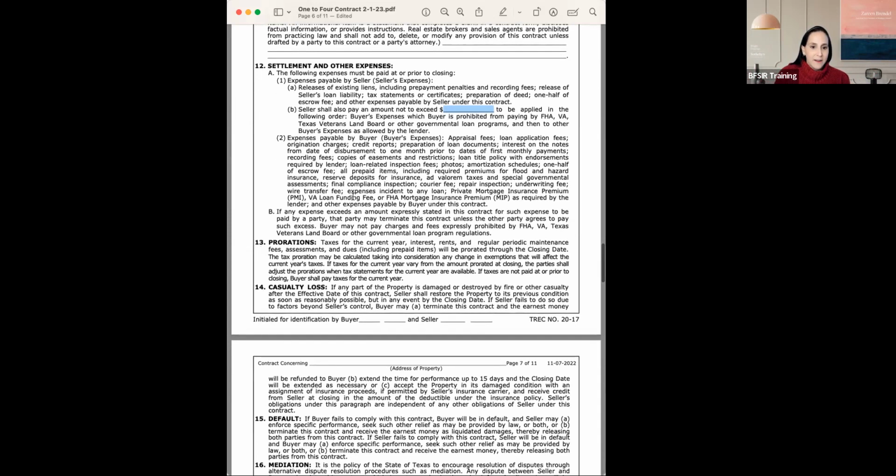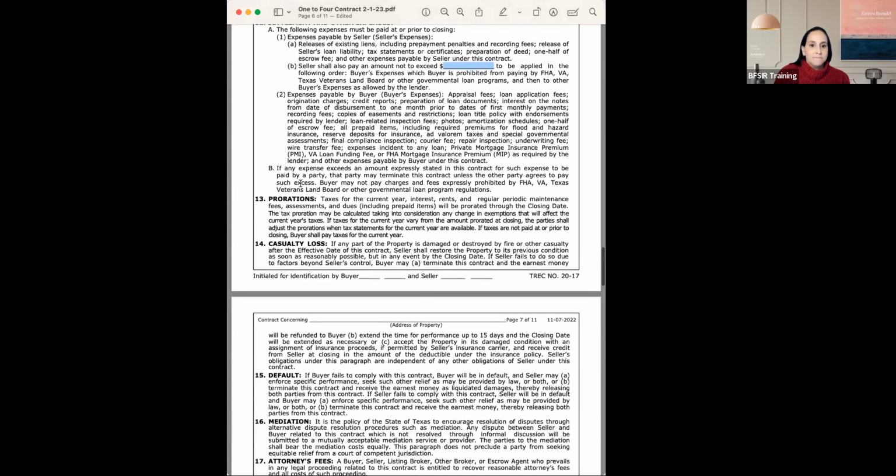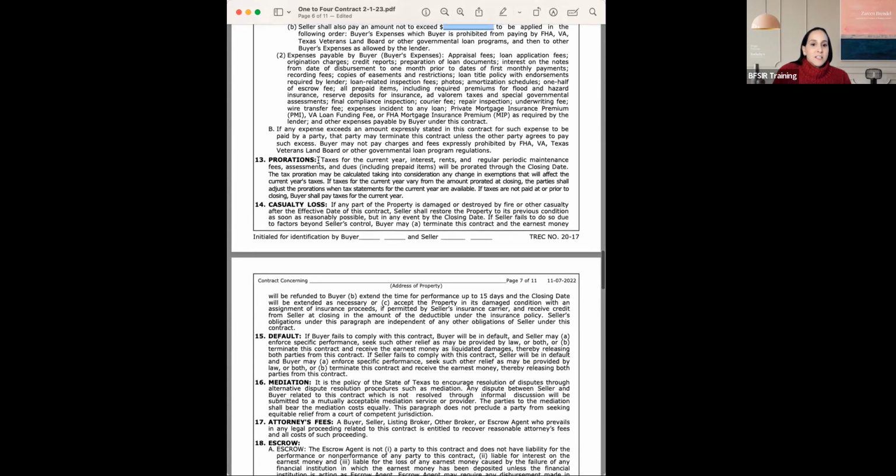All right. And then this is what the buyer is going to pay for. Prorations. This is where it provides that taxes for all of this stuff. And there is a change here. It adds rents and regular periodic maintenance fees and dues, including prepaid items. That's new language. It basically says everything's prorated through the closing date.